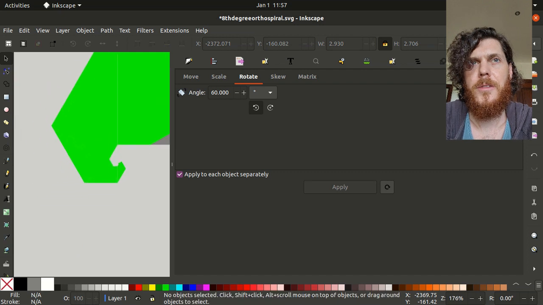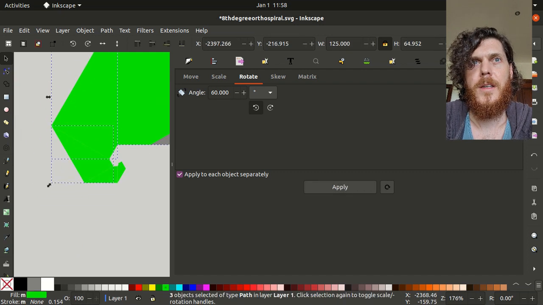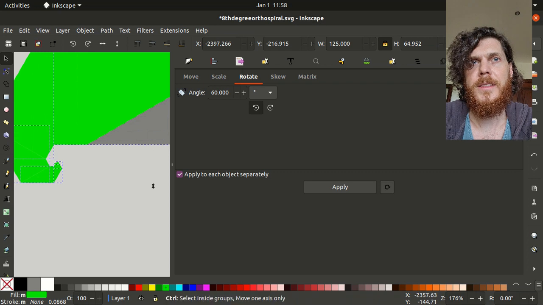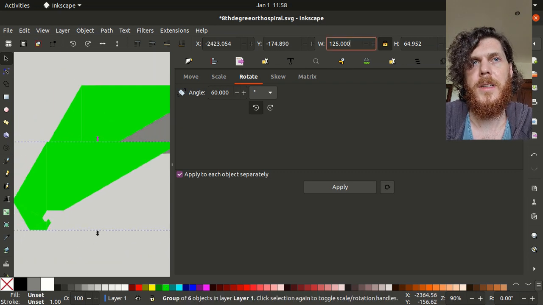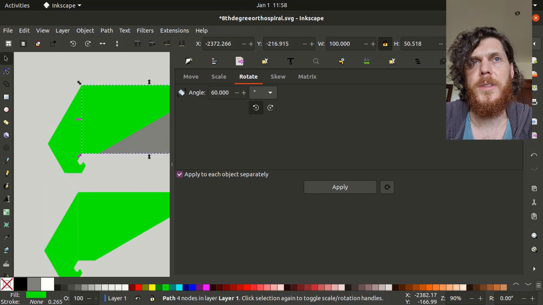All right, so we have that now. And unlike last time where we had to do all 6 loops because we set it to 1, now we just have to do 2 loops.